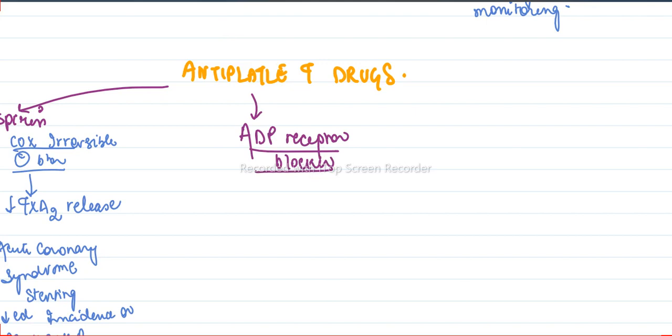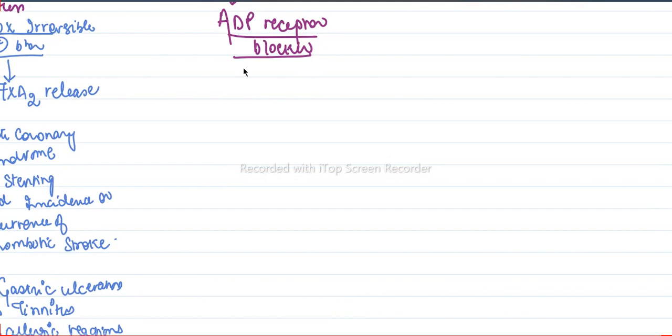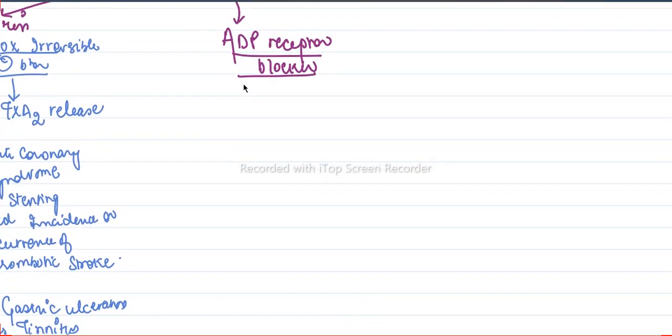All the drugs in this class end in grel, and it could also be lor or pidine. In the end we will find one drug is clopidogrel. Then the next drug name is prasugrel.